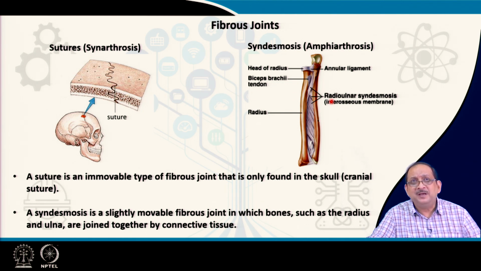On the right is syndesmosis. A syndesmosis is a slightly movable fibrous joint in which bones such as the radius and ulna are joined together by connective tissue, that is the annular ligament, as shown in the figure.